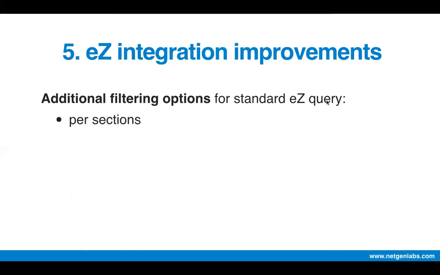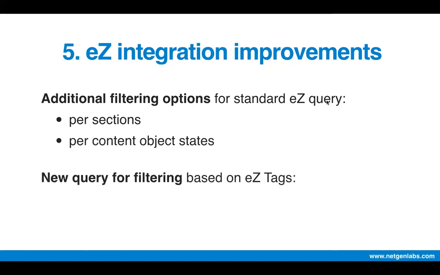So we added the ability to filter in the standard eZ query per sections and also per content object states. And the other one, which is also already being used on several projects, is the new query for filtering. We took the standard eZ query and added additional tags filtering options.